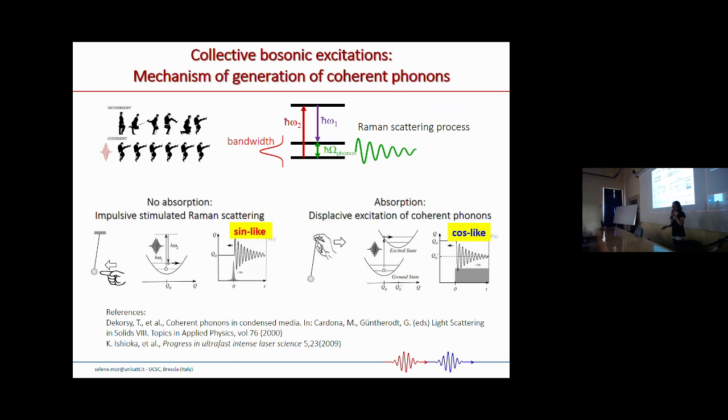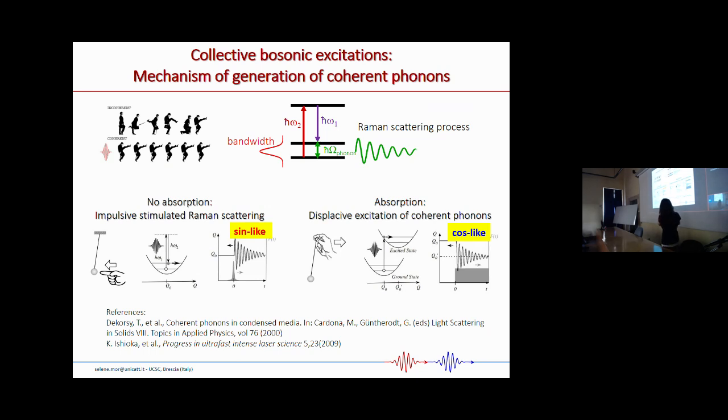But what makes the generation of coherent phonons different from a standard Raman process is that usually in a Raman process you have a fully incoherent activation of atoms, which start to oscillate around their equilibrium position once the pulse impinges on the material.